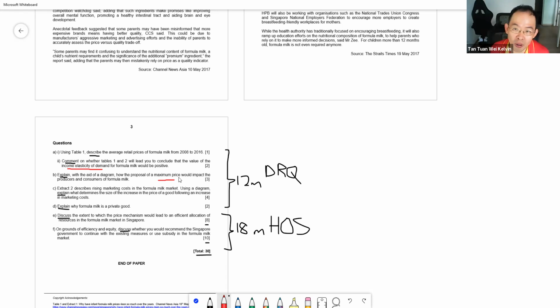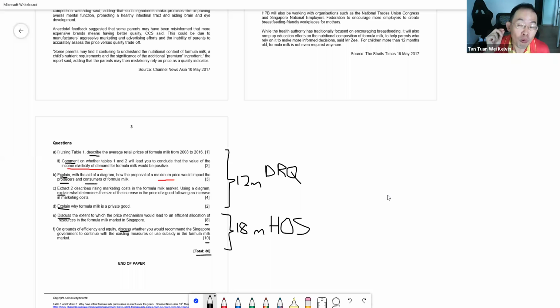So for part B, a maximum price, in case again you are lost, ask yourself, what is this maximum price? Who is this maximum price supposed to benefit? Are they supposed to benefit producers or consumers? When you read the case study, you will find out that it is the consumer that is complaining that the prices of formula milk are too high.